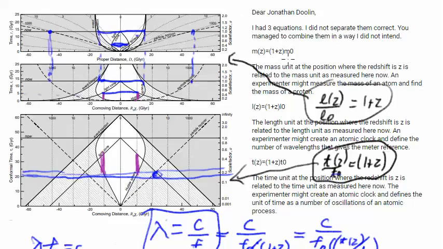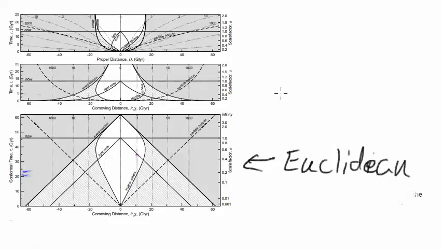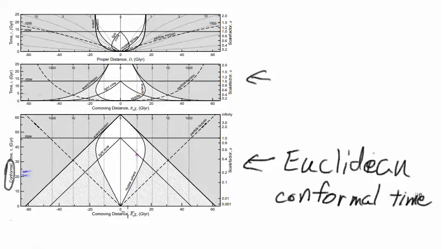Now there might be a similar argument that goes from this one to this one. Earlier my argument was essentially that this one is Euclidean, and this one has the conformal time marching forward at a regular rate.